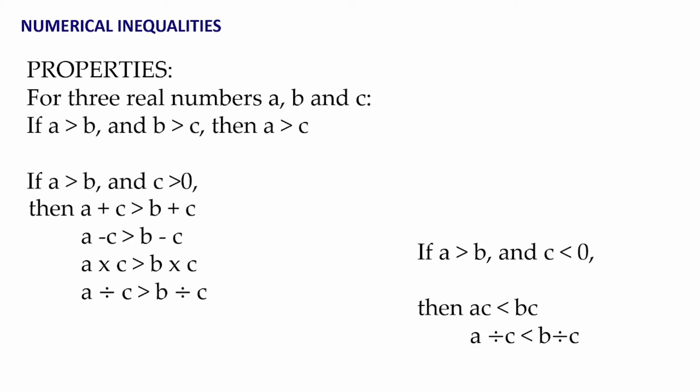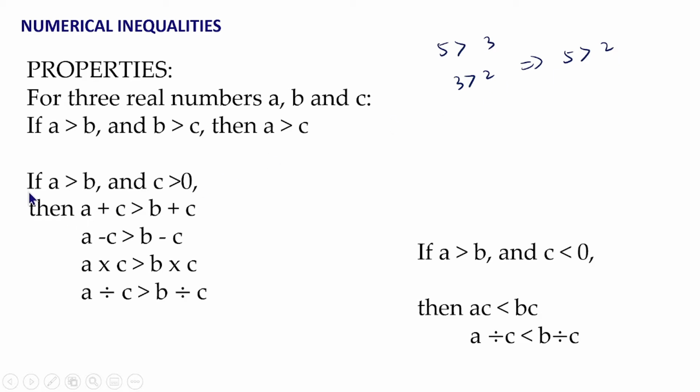Now moving on to the properties of numerical inequalities. For three real numbers A, B and C, if A is greater than B and B is greater than C, then A is greater than C. For example, 5 is greater than 3 and 3 is greater than 2, which implies 5 is greater than 2.